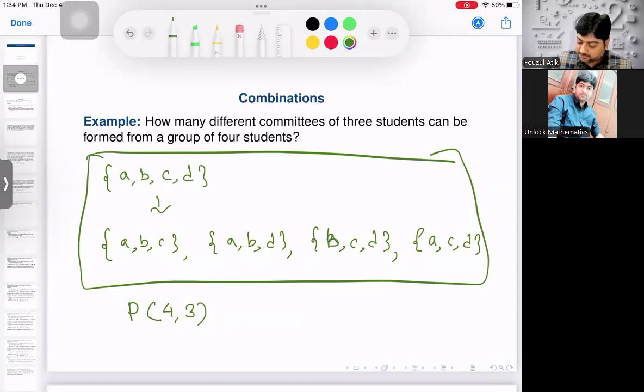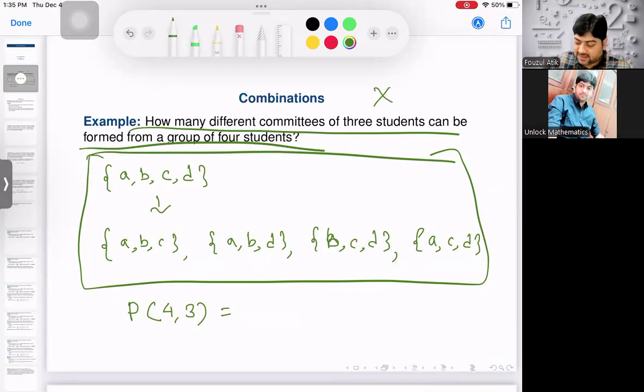Now, suppose the answer for this question is X. That means how many ways you can select 3 students from a group of 4 students, that is X. So suppose in X ways you can select them. And for each of the selections of 3 students, how many ways can you arrange these 3 students? Three factorial ways, because that means how many 3-permutations you can get from a 3-element set.